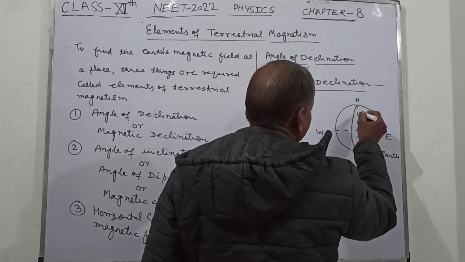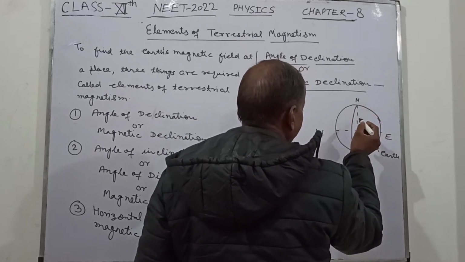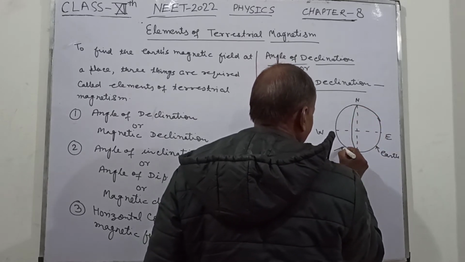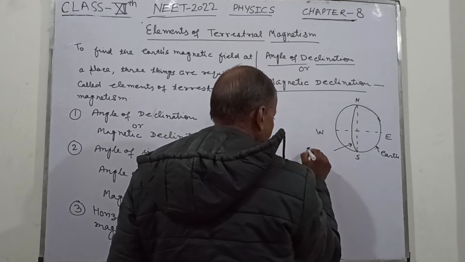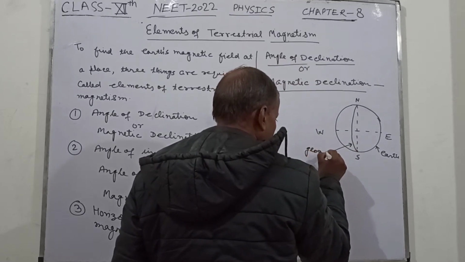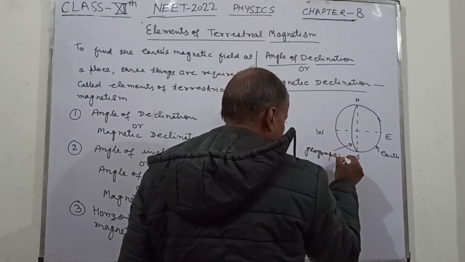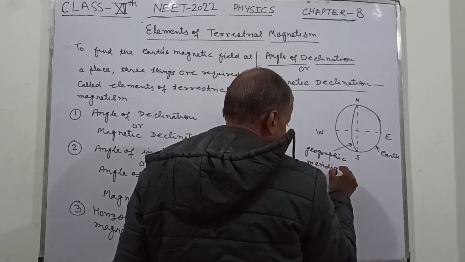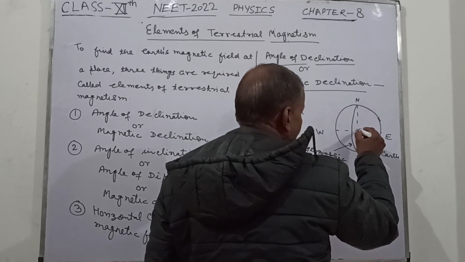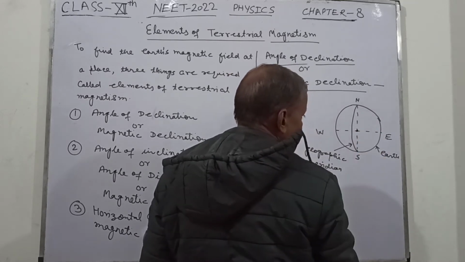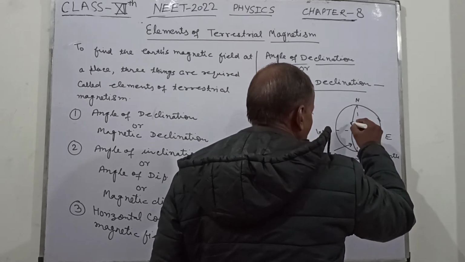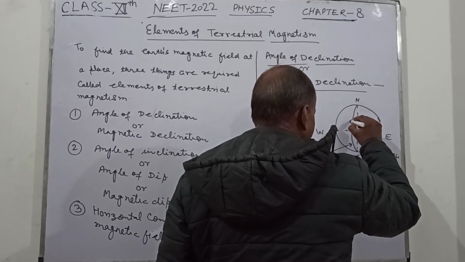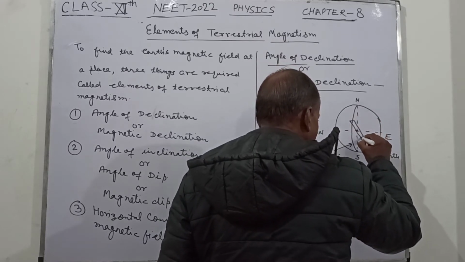This shows the geographic meridian. And the magnet is here at the center of the earth. So this is now suppose the magnet.